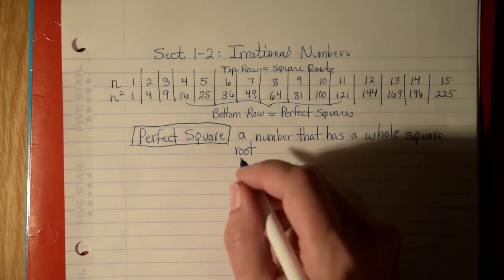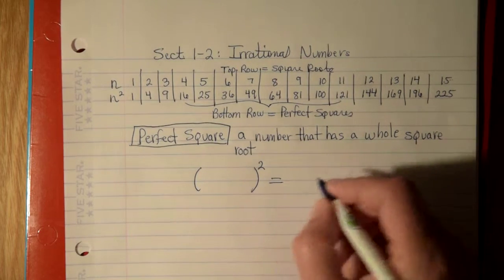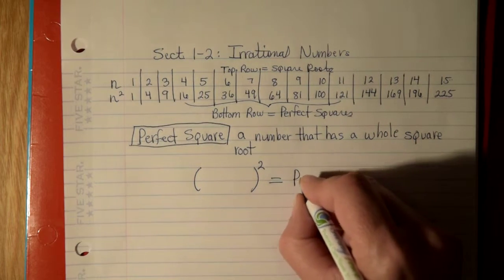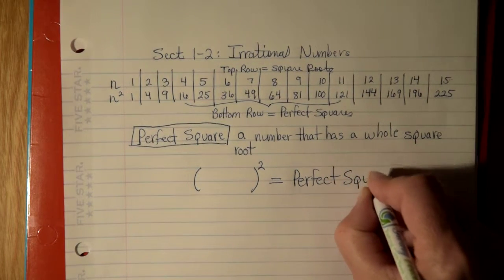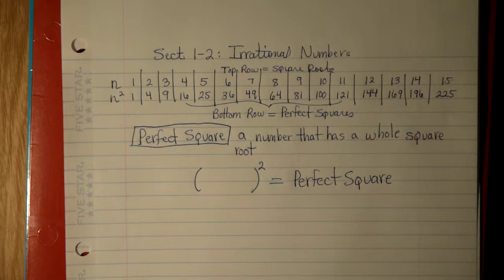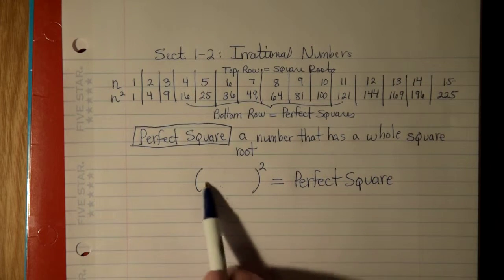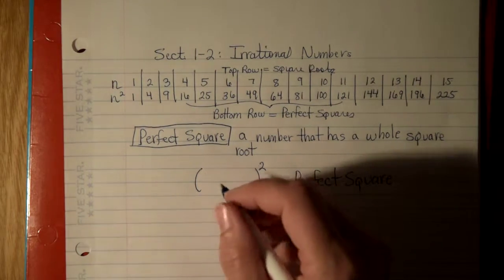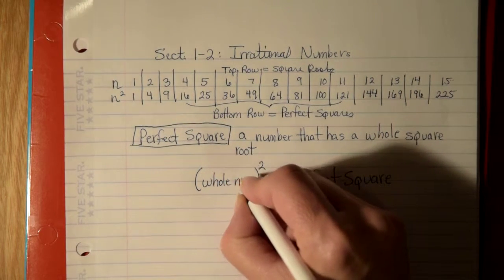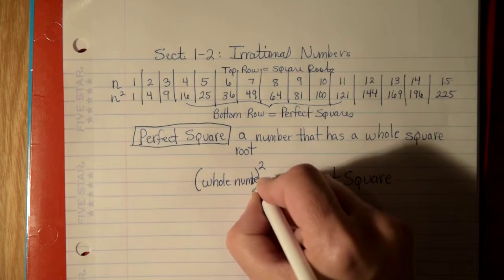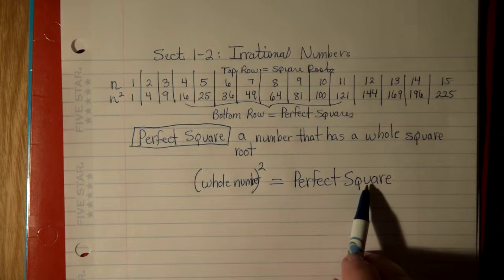When you write this definition, it goes like, you have a parenthesis, squared equals a perfect square. So some number squared is a perfect square if what's being squared is a whole number. So if this is a whole number, like 10, 10 squared is 100, and 100 is a perfect square.